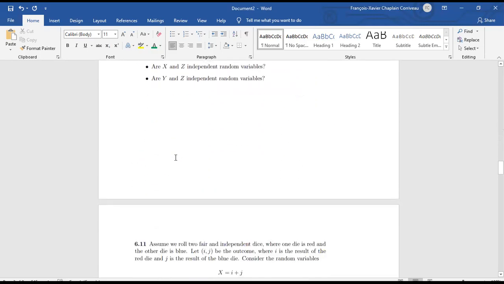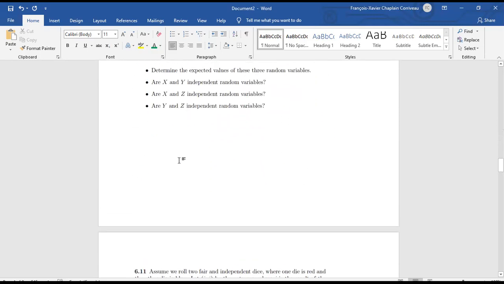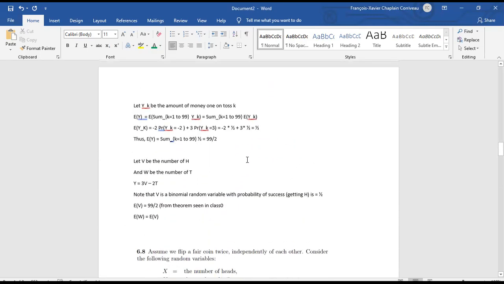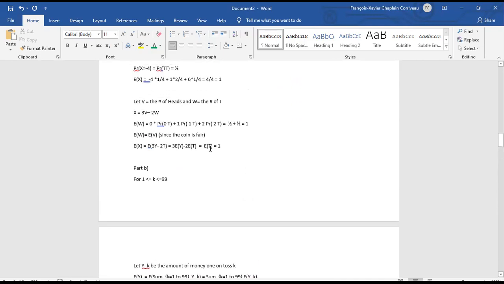So here, I'll be a bit lazy. The expected value of X is equal to the expected value of Y, which is equal to 1. And that's from question 6.5. So this is just this part.